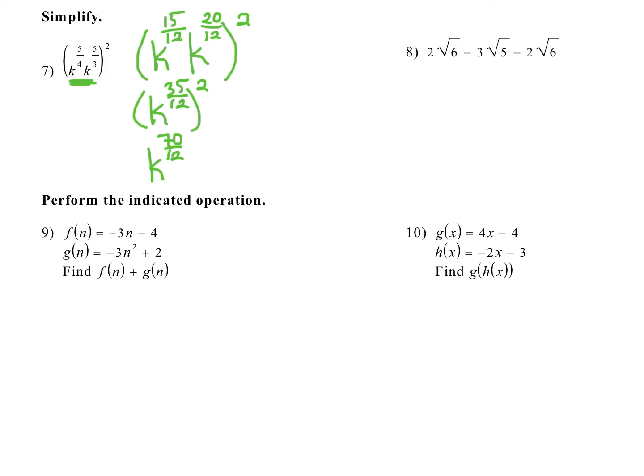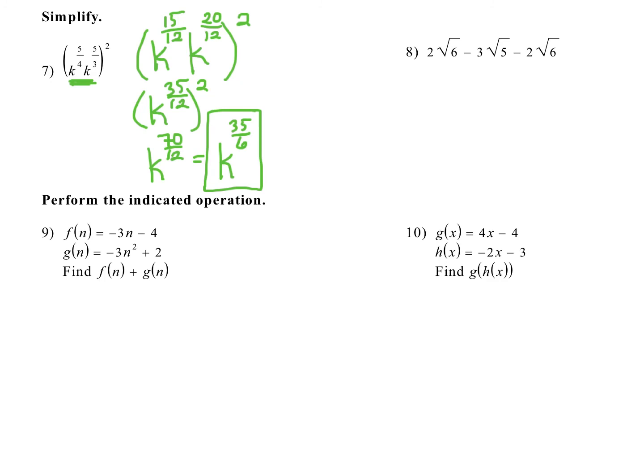And then I can reduce that, both 70 and 12. Well, we'll start by dividing them by 2, so that would be 35/6. And let's see, 35 is only divisible by 7 and 5, and 6 is only divisible by 2 and 3, so that is as reduced as that gets.